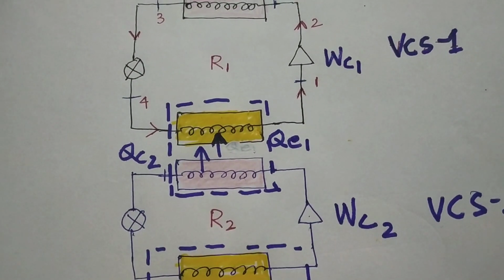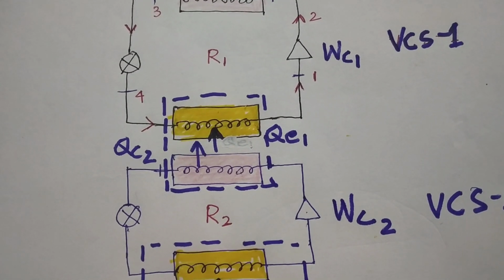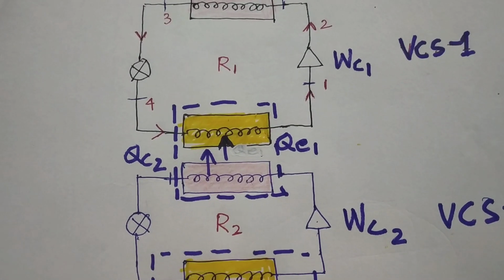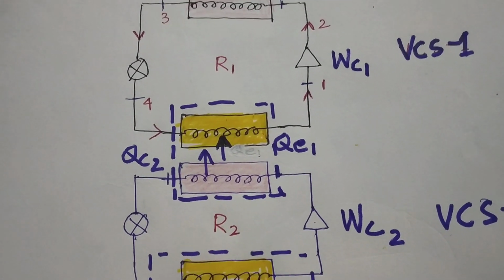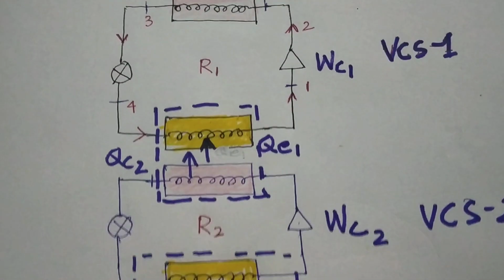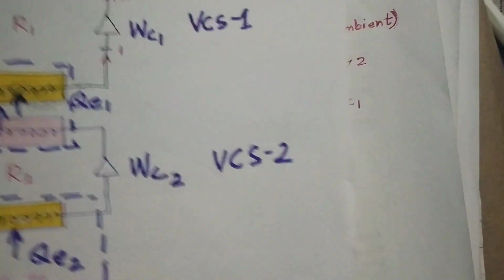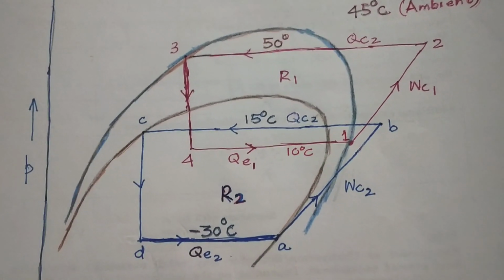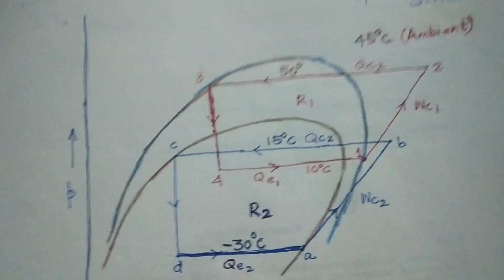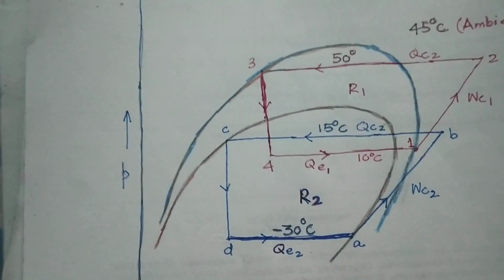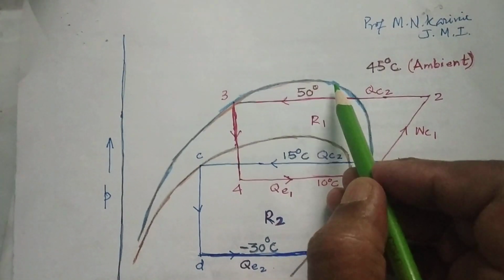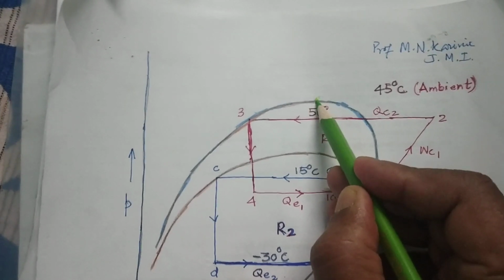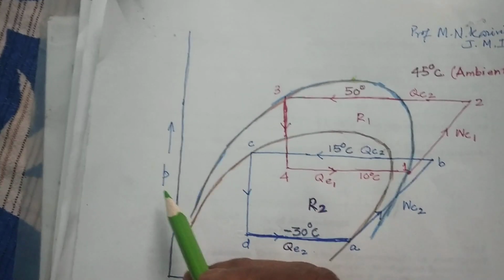We are not having the same refrigerants flowing in the two vapor compression systems because we want to choose two different refrigerants for a purpose, and therefore we have two different refrigerants with different characteristics and different characteristic curves. If you see the diagram, refrigerant number 1 has a higher critical temperature or critical value, corresponding to the same pressure scale.